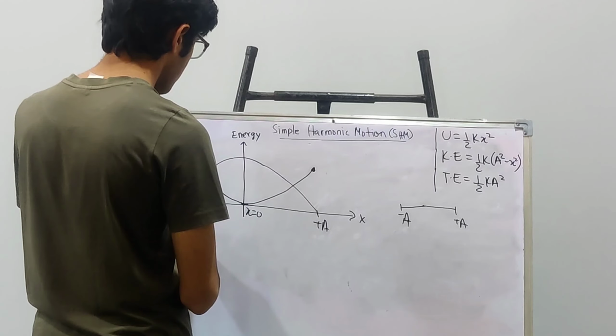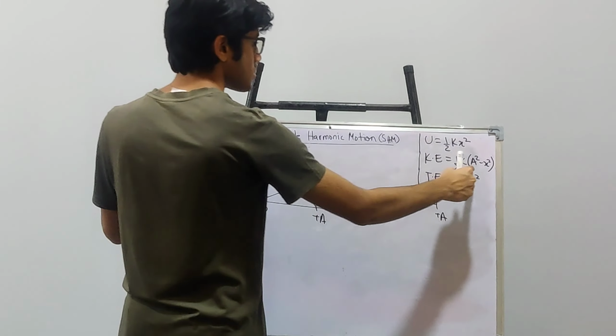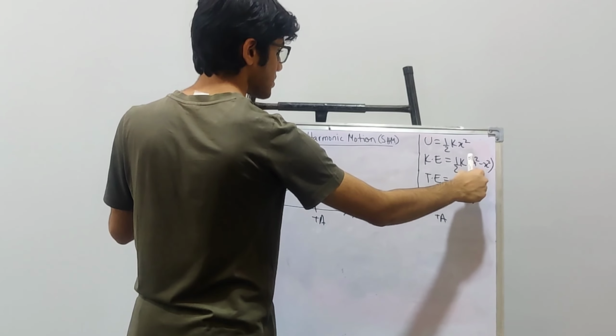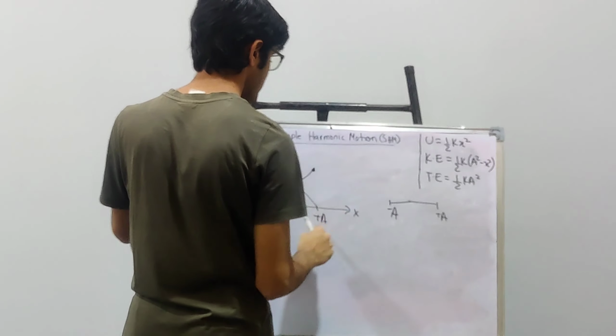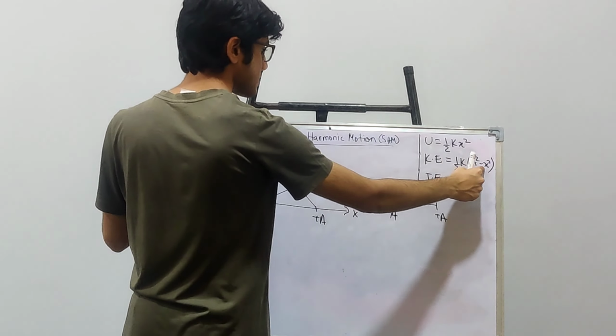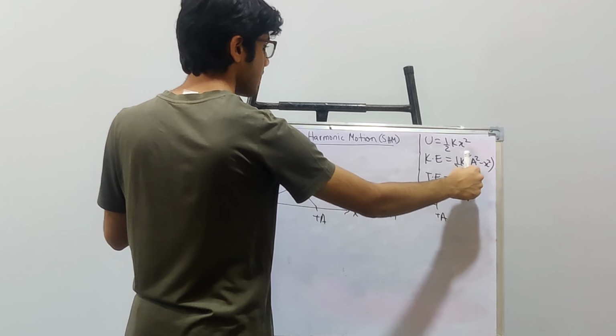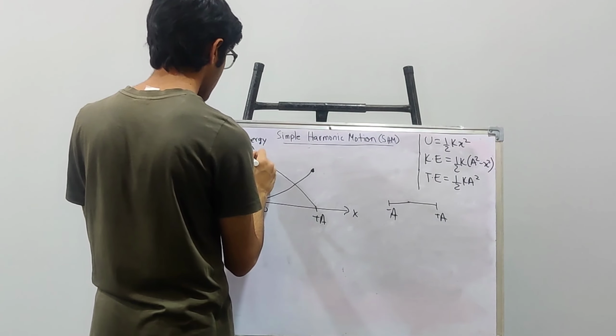If we put x as plus a, x square will become a square, and a square minus a square will get cancelled. So kinetic energy becomes 0 at plus a and minus a both. On the other hand, if we put x is equal to 0, we get half k a square. This is the maximum value for the kinetic energy.